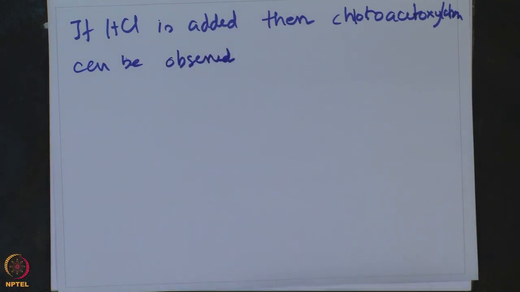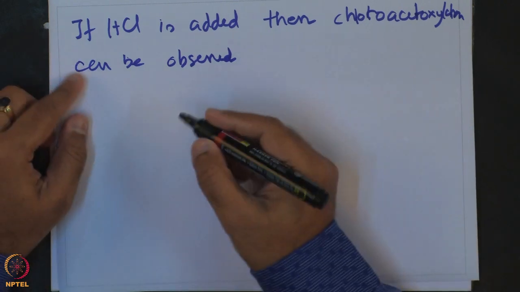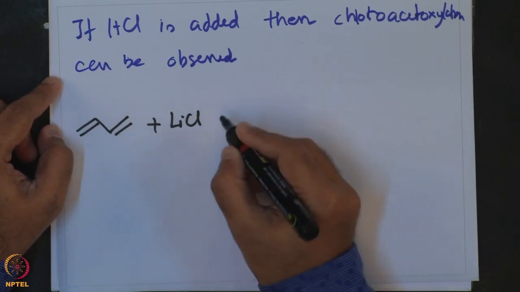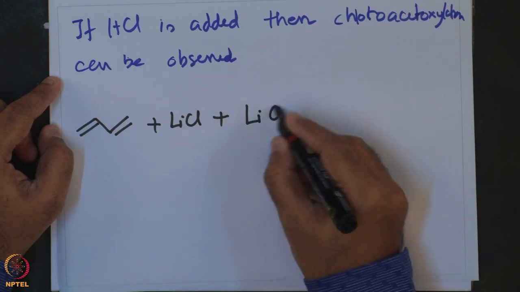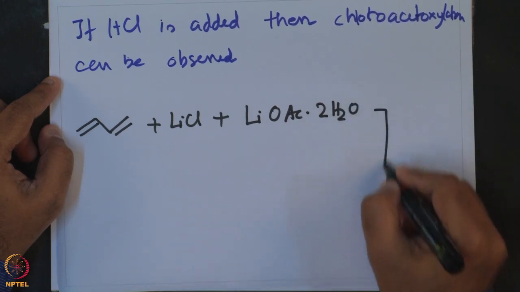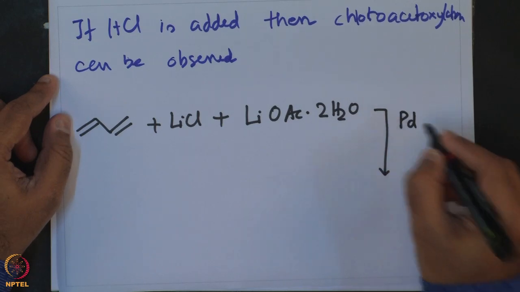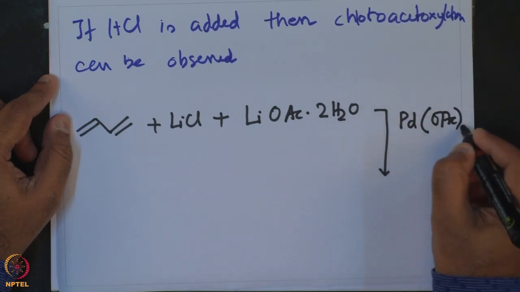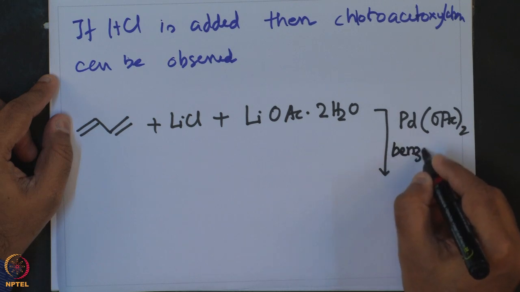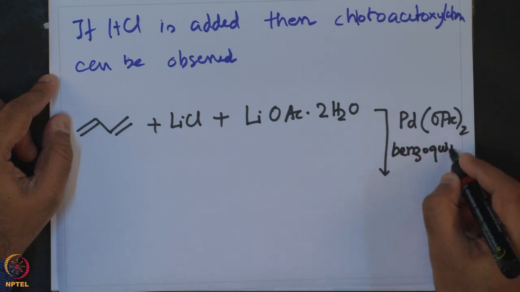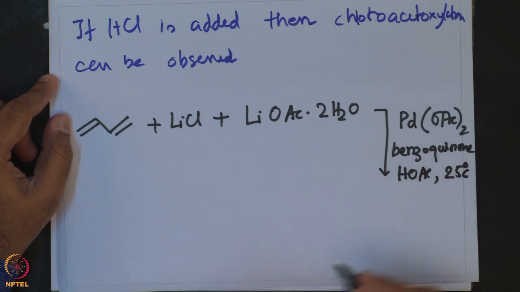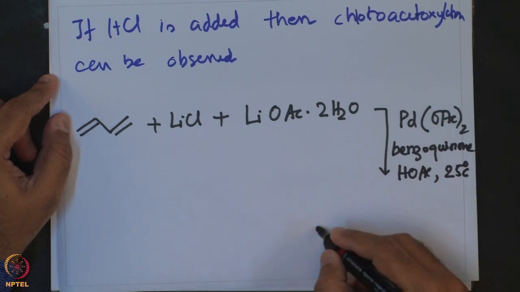and this is done by this beautiful example where butadiene is reacted with lithium chloride plus lithium acetate, water, palladium acetate, and benzoquinone, acetic acid, 25 degree centigrade, giving this chloroacetoxy product.